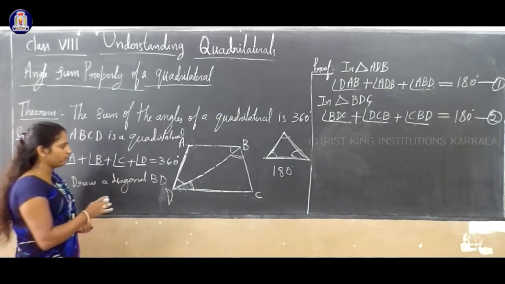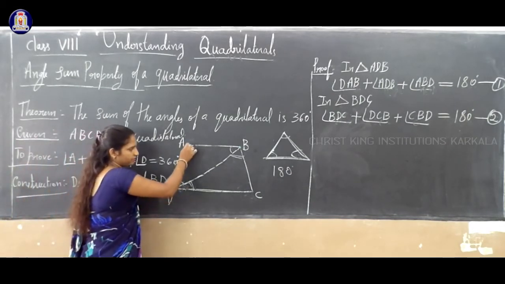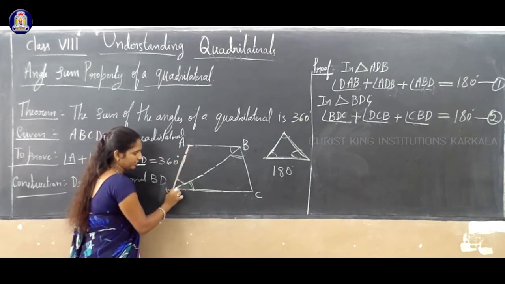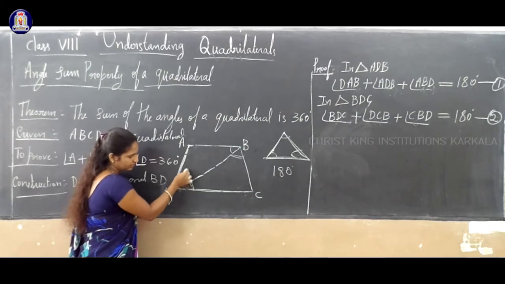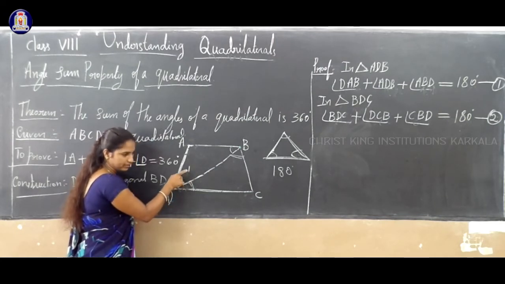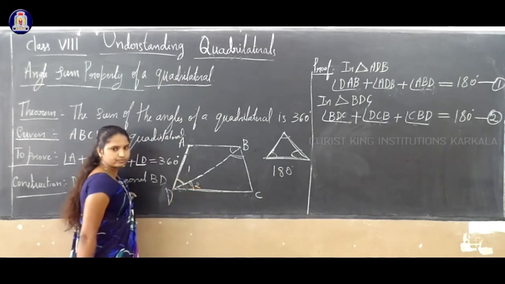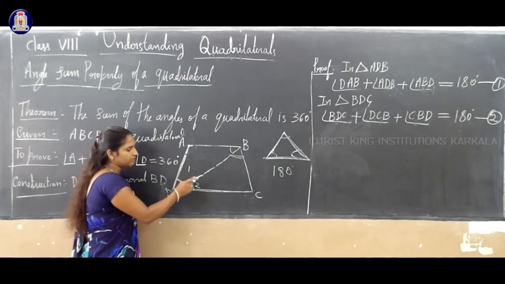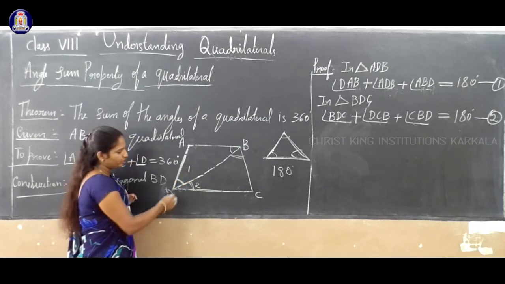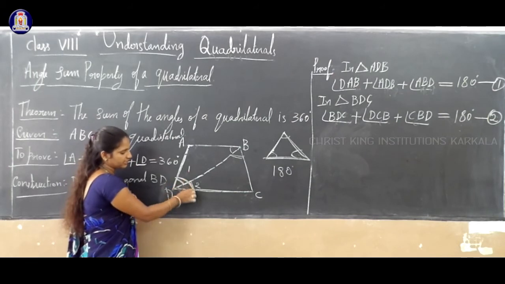So now see the figure. You can understand this. ADB. See this, half of angle D, right? So this angle, you can call angle 1 and this is angle 2. Okay? If you add angle 1 plus angle 2, we get the full angle, that is angle D, right?